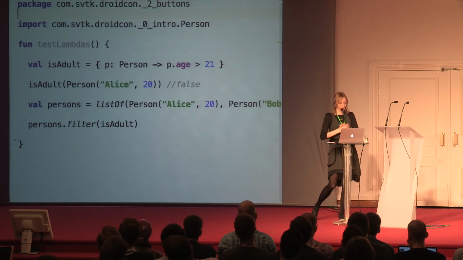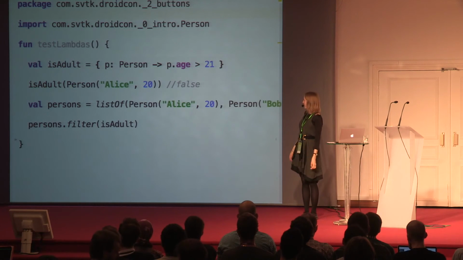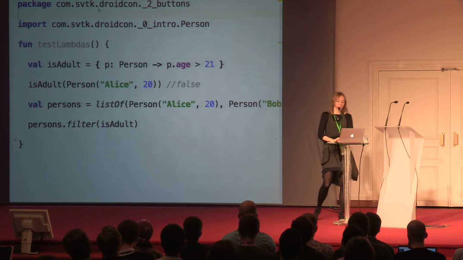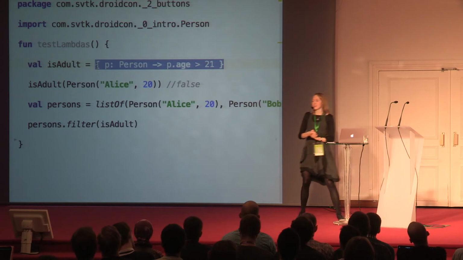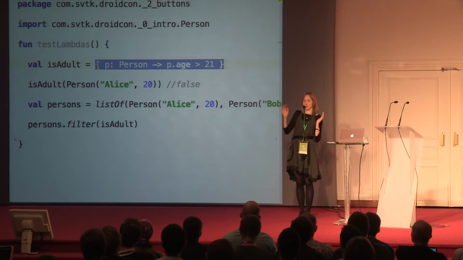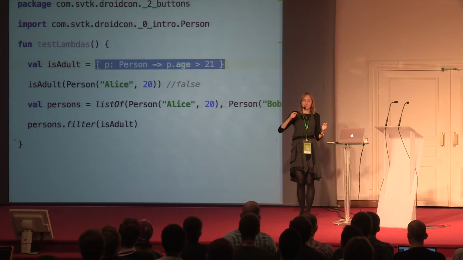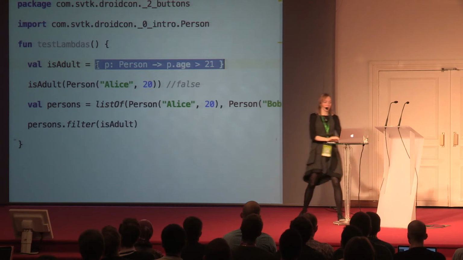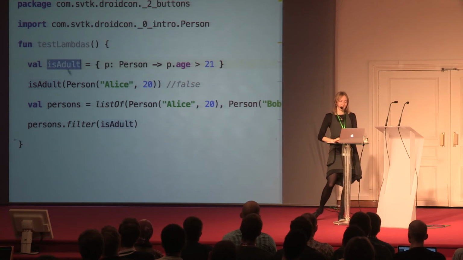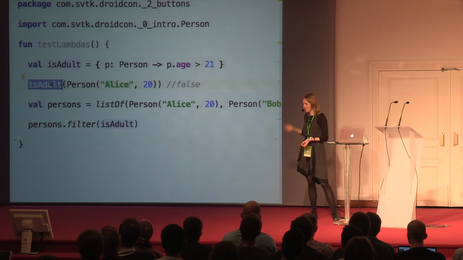Okay, let's have a bit of lambda theory. You can declare this anonymous function or function expression in your code and use it later as data. So you can store it in a variable, for example, and you can invoke it as a usual function like this.